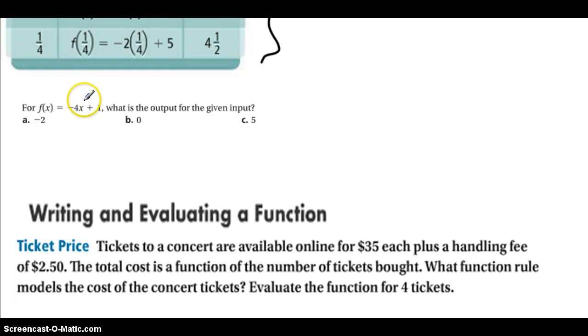So if I was given f of x equals negative 4x plus 1, and I plugged in negative 2, here's what it would look like. Take the function, plug in negative 2, and here's what it looks like. Negative 4, oh, I can do better than that. Sorry about that.